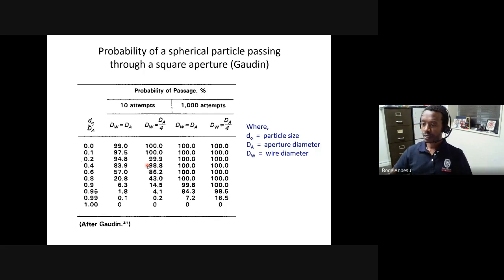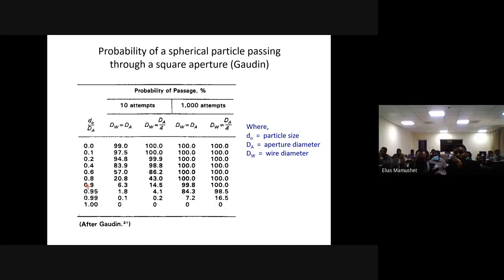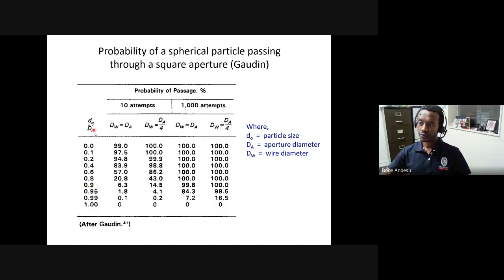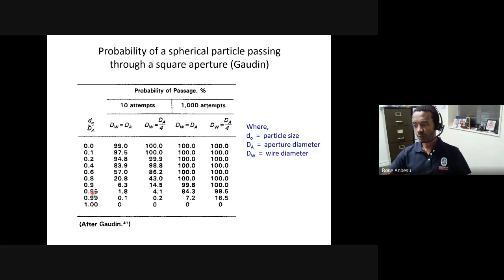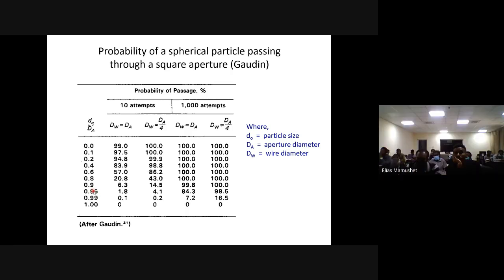Okay, so going a bit down. In this case here, somewhere around 0.9, we're actually saying the size of the particle is very close to the aperture size, almost 90% of the aperture size. If the aperture was 100 micron, the particle was maybe 95 micron in size, something like that, or closer.